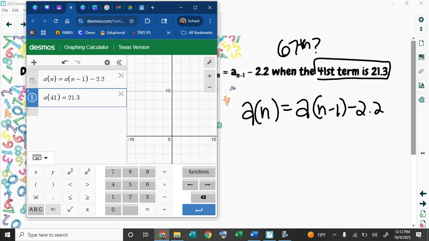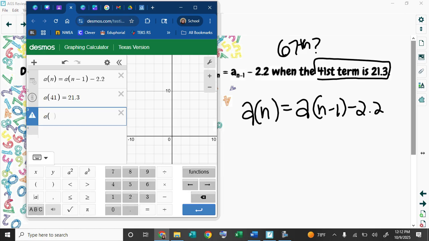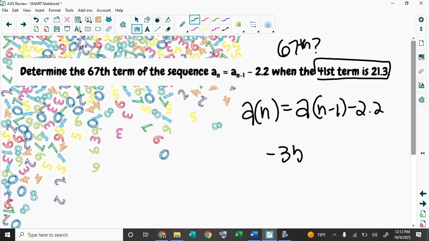And so I can press that table, or here's something else I can do. I could instead just say a of 67, and that number is negative 35.9.